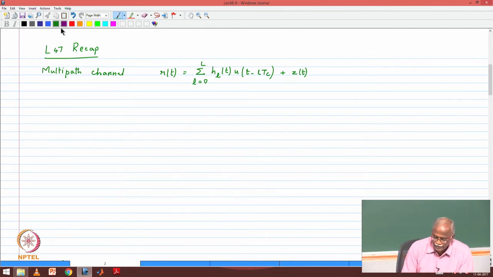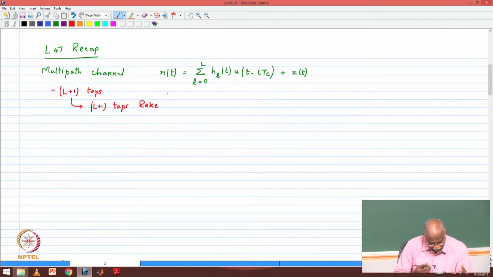The characteristics of our channel are that we have included L plus 1 taps in the channel. This also led us to have L plus 1 taps in the rake receiver. The rake receiver is usually correlated to the number of dominant taps, and since we are working with a chip-spaced model, it is for each of those spaces.